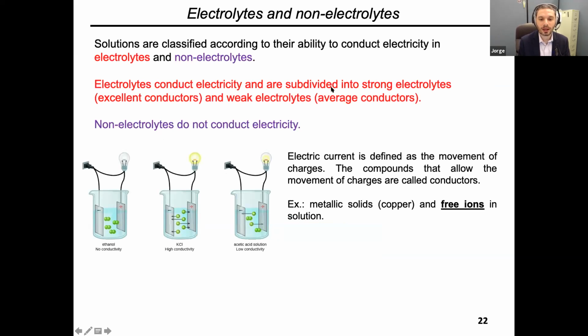Okay, so I'm not going to spend too much time here with electrolytes and non-electrolytes because this is not the goal at this point. You will have the opportunity to investigate this later on. What I need you to know here is, given any salt in water, to classify if the salt is an electrolyte or non-electrolyte.